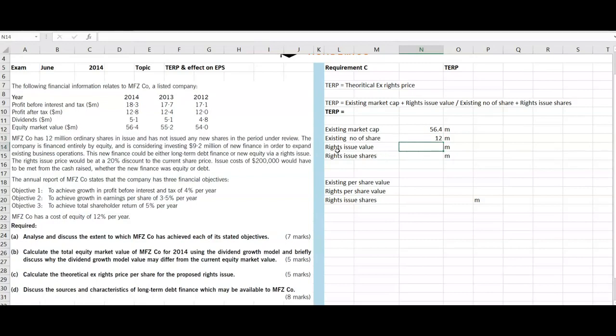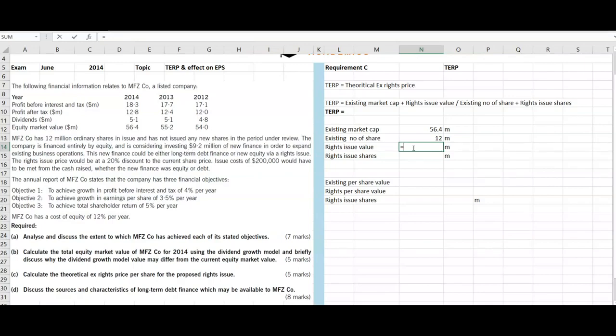Now we need the rights issue value. So how much do we have to raise in total? The company is considering investing 9.2 million, so that amount has to be raised. But if we raise 9.2, then we have to pay an issue cost of 2 lakhs. So this 2 lakhs has to be raised along with the 9.2 itself.